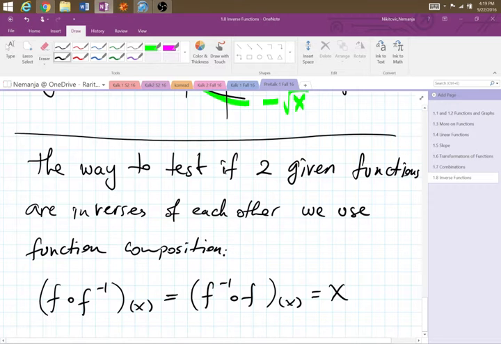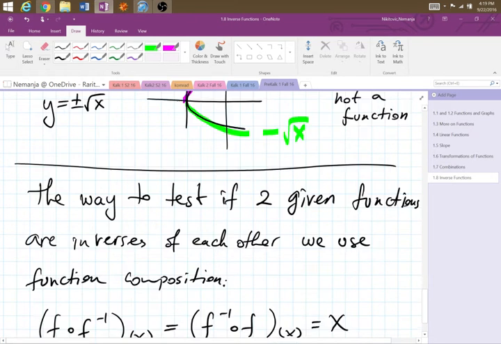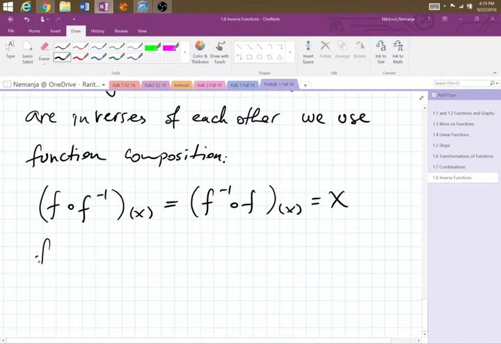So let's take our previous example, 3x plus 5. So f of x was 3x plus 5, and the inverse for this was x minus 5 over 3. Is that true? Yeah.